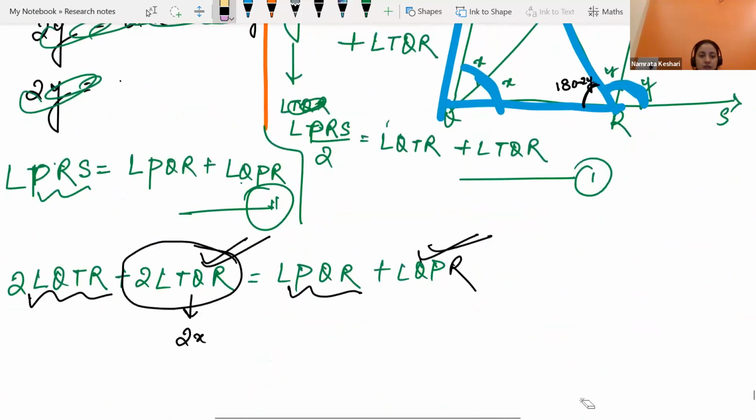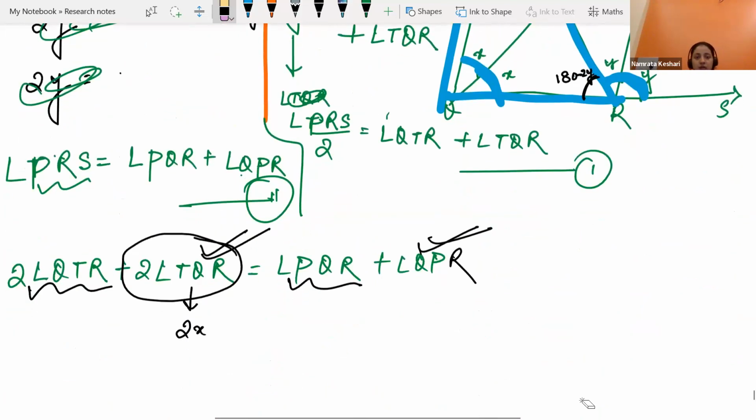We are almost there. We are missing something over here. This exterior angle property will help us prove it. It's not clicking? Just a second.